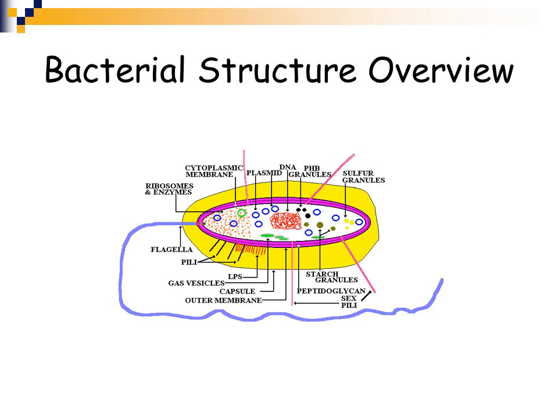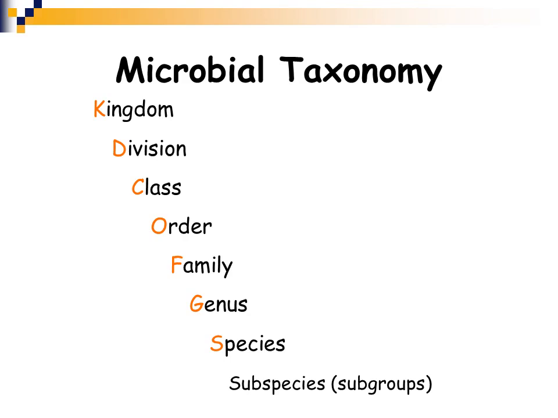So here is a schematic of the overview of bacterial structures that we've just gone through. Hopefully you remember from your general microbiology or general biology course your taxonomy. Microbial taxonomy starts out with your kingdom.